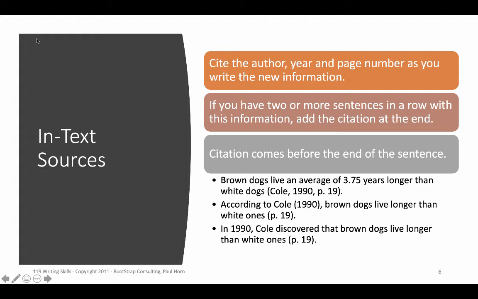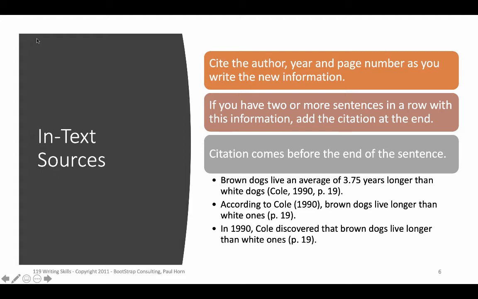I do not have its publisher. I do not have the title. Why? Well, because I can easily go to the source list afterwards and find this particular piece of information just by the clues that are given here. So the aim is not to replicate everything that goes in the bibliography or the source list. Instead, it's to give me a bit of a breadcrumb or a trail that tells me I can follow this.